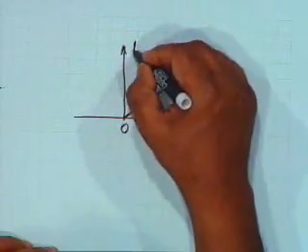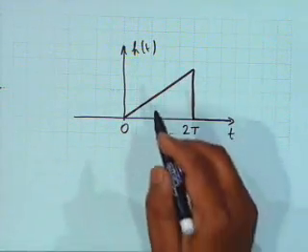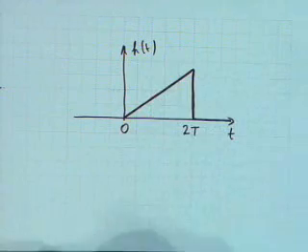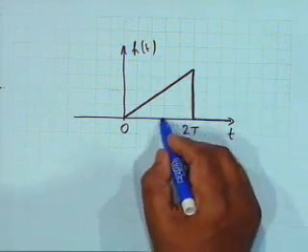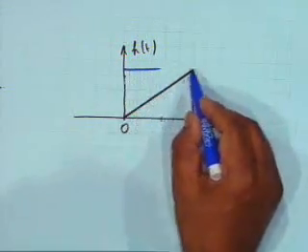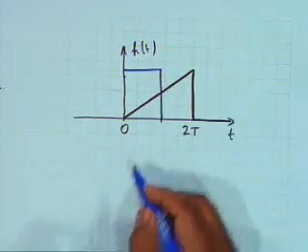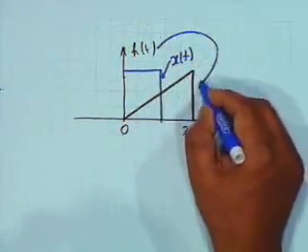Let's say this is my h of t. Alright, what we have to do is to convolve this with the function that I showed. Let me draw this also here. This is capital T somewhere here, then it is this. This is my x of t and this is my h of t.